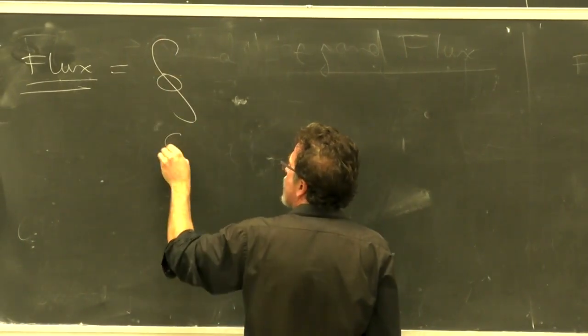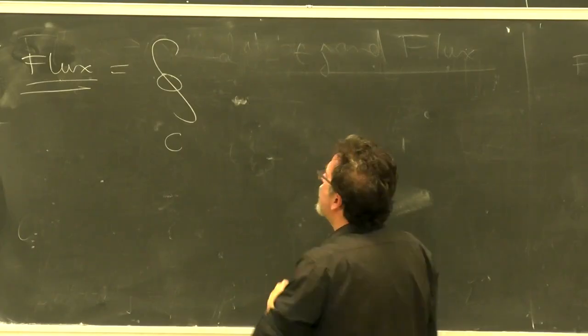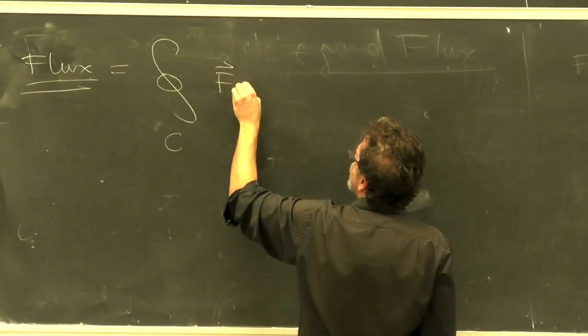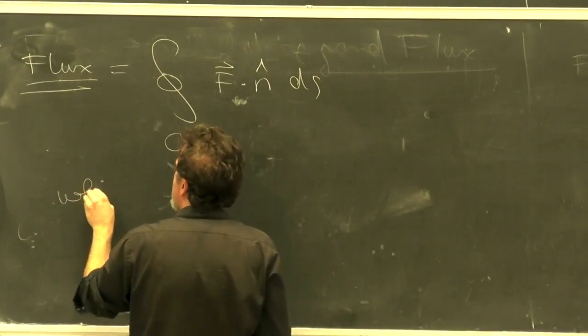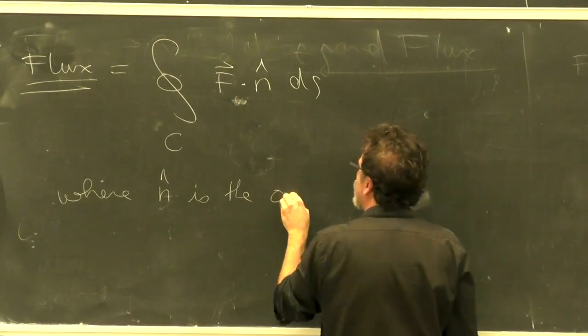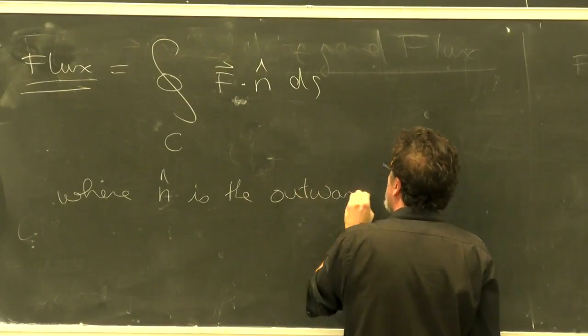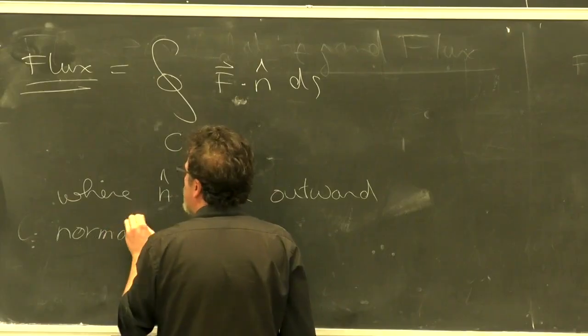The flux is always defined around a closed curve C, and it is F dot little n hat ds, where little n hat is the outward normal.